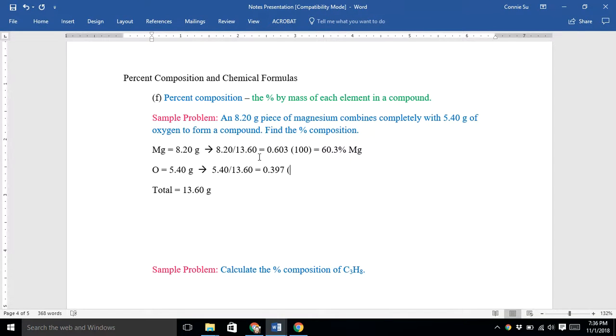Again, you either move the decimal to the right twice or multiply by 100, and here we have 39.7% oxygen. The answers should add up to 100 because this is out of 100%. Okay, so that's the first example.